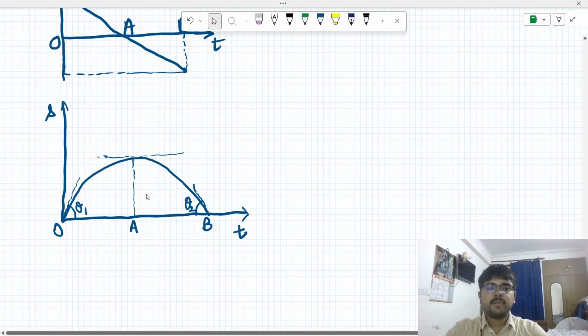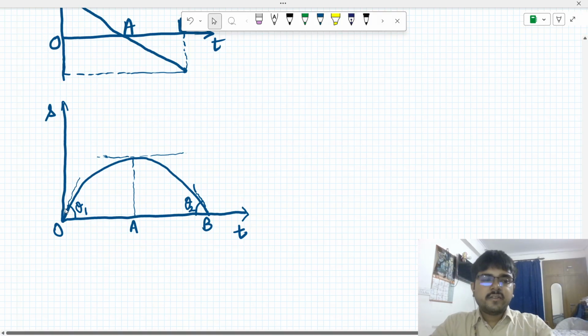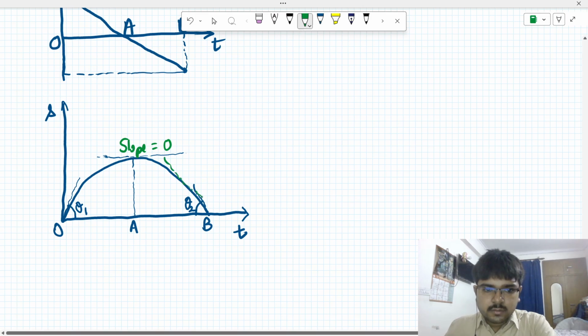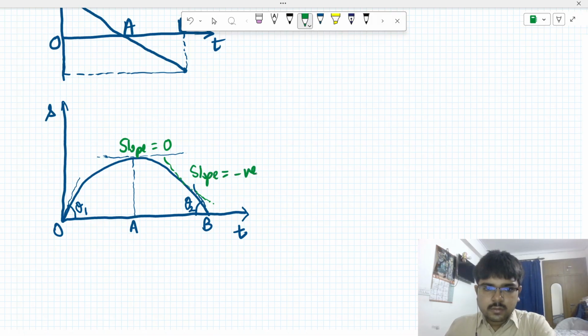Now the displacement-time graph will look like this. First we have a slope like this, then the slope will decrease, and the slope will come to 0. Then the slope will be in the negative direction, and here it is positive.